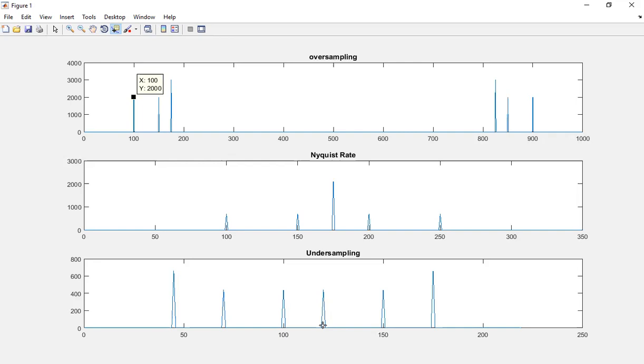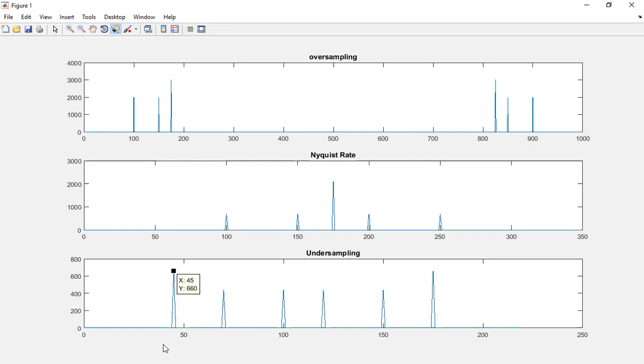Of course, on direct inspection, you have a value at 100, you have a value at 150. But who are these fellows? Can you tell who are these? This was not part of our plan. There are two frequencies, one at 70, one at 45. Where did they come from?